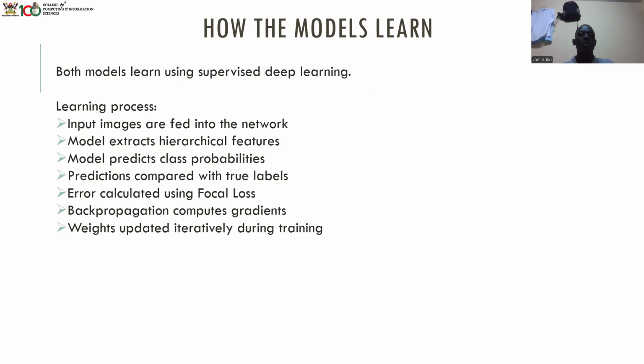Then, how do these models learn? Both models learn using supervised deep learning. You feed in the images, the model extracts hierarchical features, and based on that hierarchy, the model predicts class probabilities.